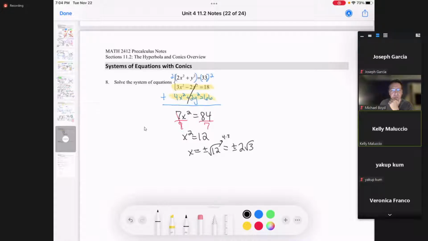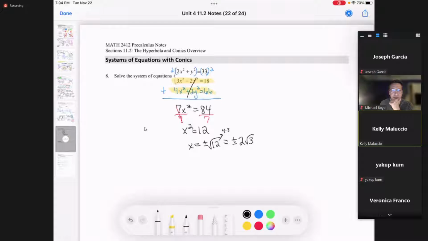Now you can plug in x equals the square root of 12 to find y. So you can pick either equation, but the first one's a little bit easier. So I would say 2 times square root of 12 squared plus y squared equals 33. And it doesn't matter if you plug in negative here because it's being squared.